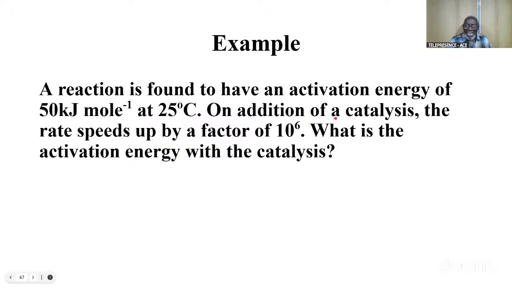So when they added catalyst, the reaction becomes faster by 10 raised to power 6. So that's a lot. We want to know what will be the new activation energy as a result of the catalyst, since the catalyst will lower the activation energy.